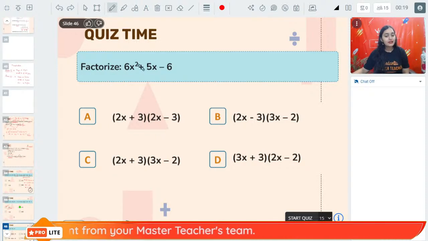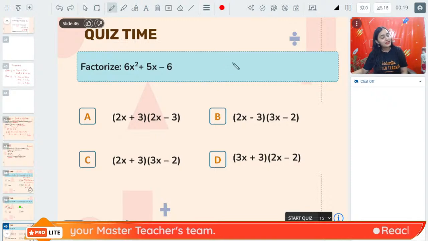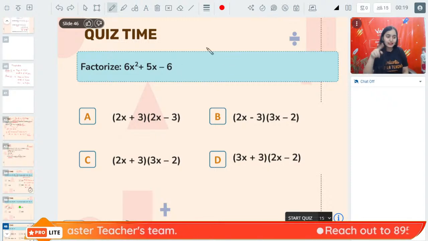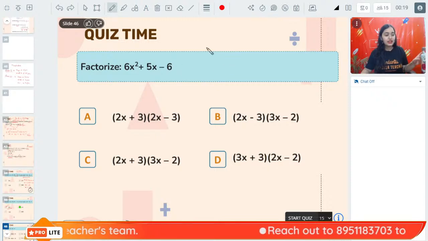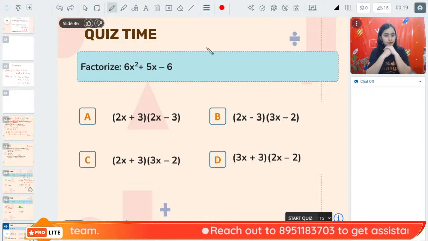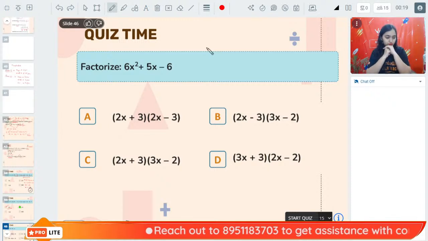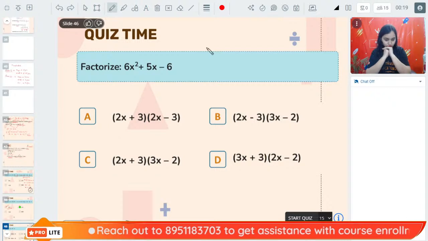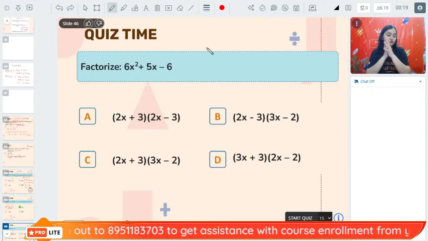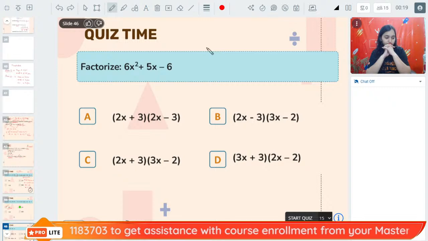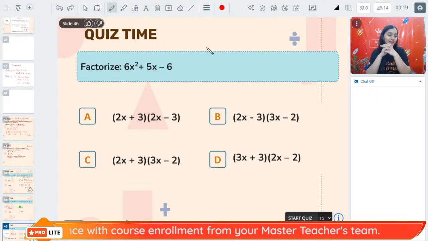Factorize 6x square plus 5x minus 6 by splitting the middle term. Splitting the middle term. Come on. Okay, Shravya.